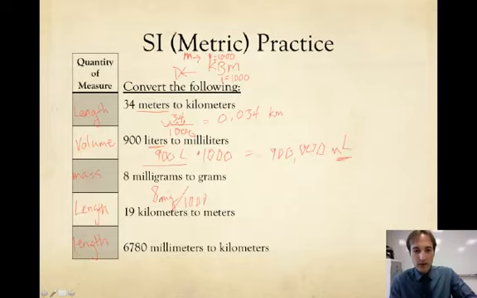I find my decimal spot. There are 3 zeros here. I'm dividing so it gets smaller, so I'm going to end up with a decimal. I move my decimal over 3 spots. 1, 2, 3. Plug the zeros in. So that means I have 0.008 grams.